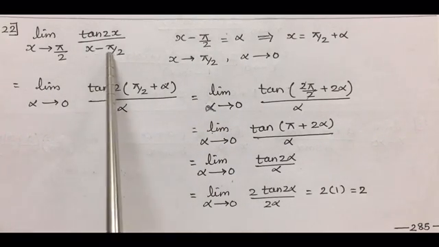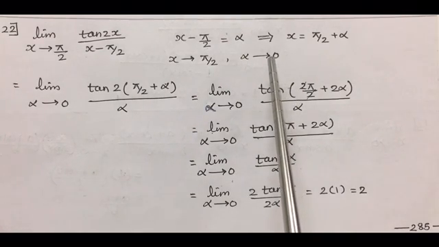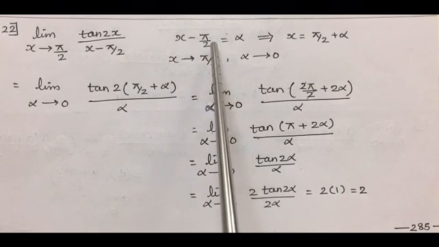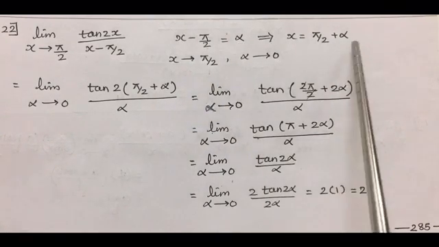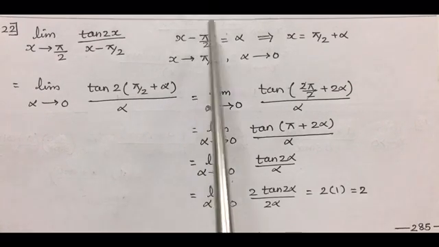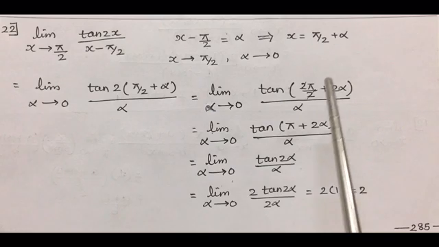So taking up x minus pi by 2 as alpha, the value of x will become alpha plus pi by 2, because minus pi by 2 shifted the other side becomes pi by 2 plus alpha.